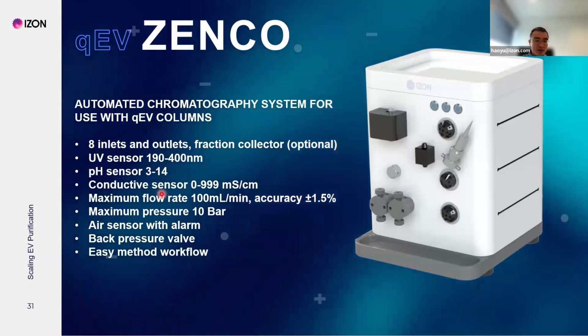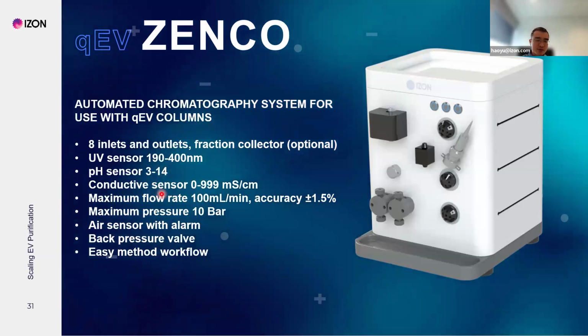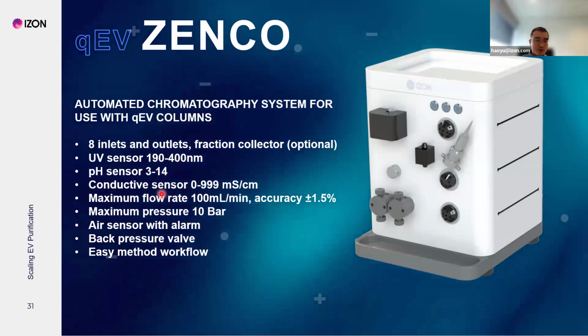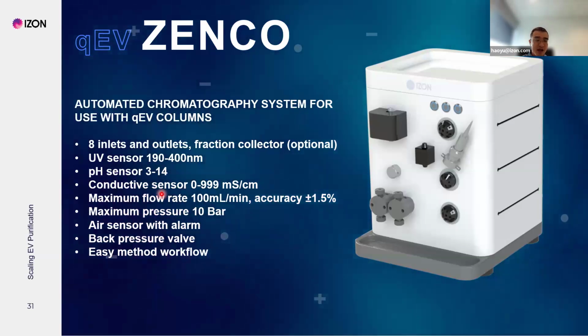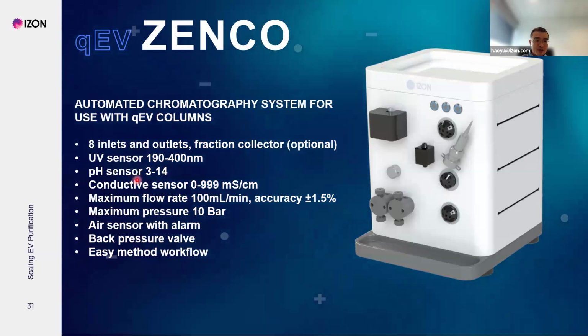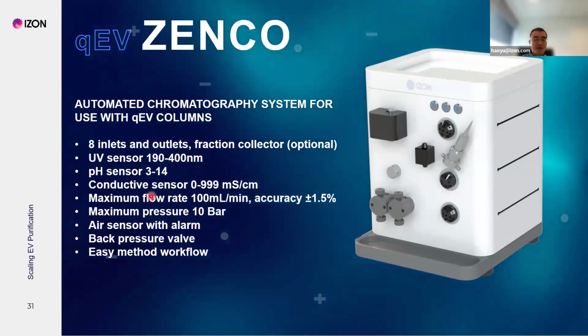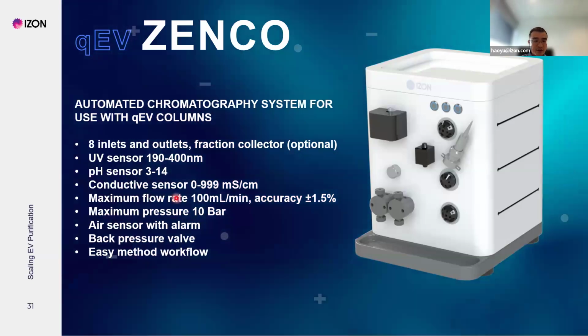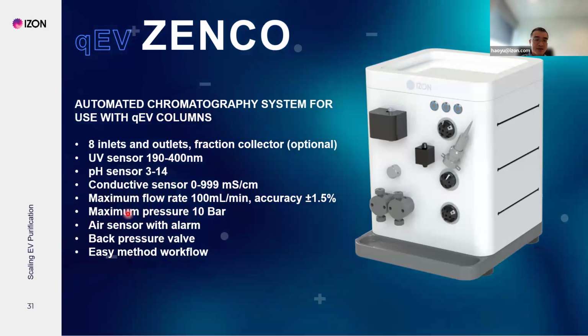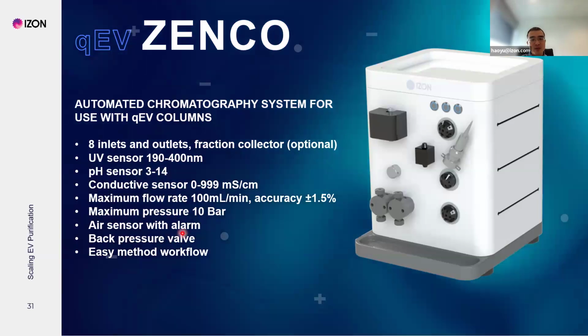Because of the size, our QEV size exclusion columns can be reusable. So just following our cleaning guidelines, it can be reused multiple times. And by using the pH sensor and the conductivity sensor, it can guide the cleaning procedure. This one also has an air sensor to detect any air bubbles.